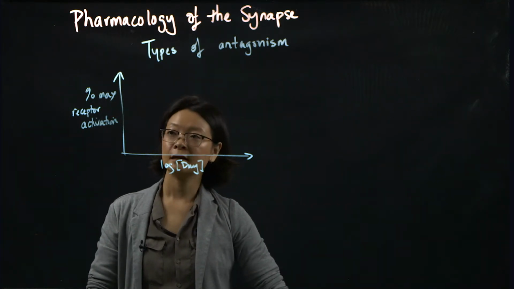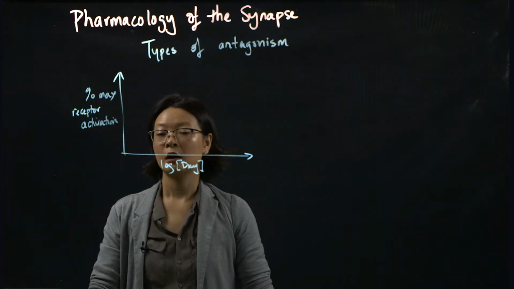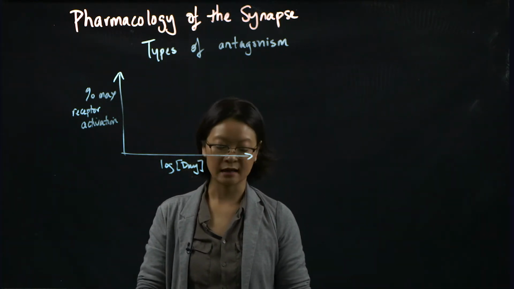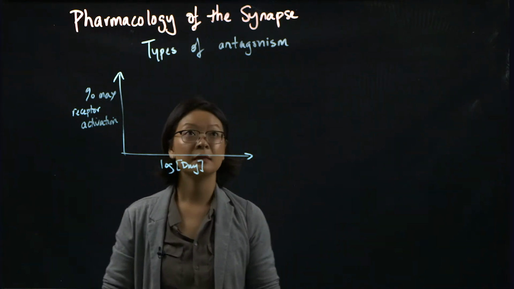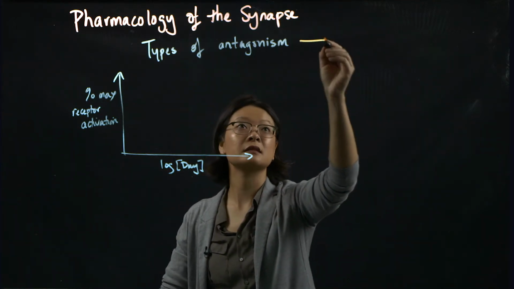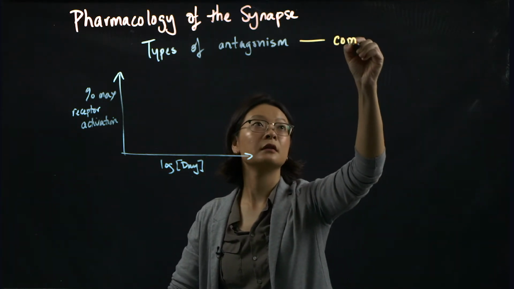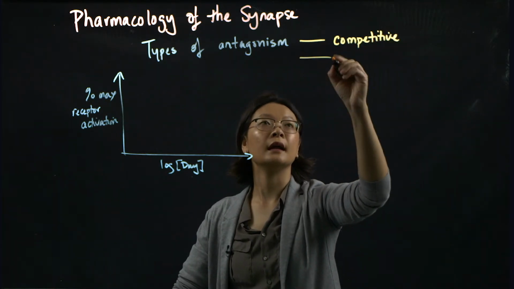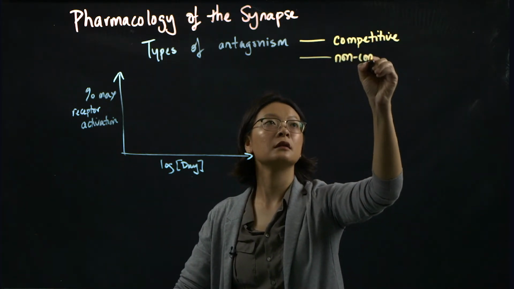So you can identify the type of antagonist by the way that the agonist curve reacts to the antagonist. And so there are two major categories of antagonists: competitive and non-competitive.